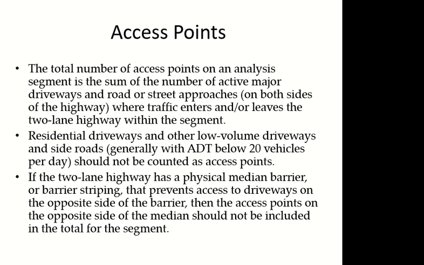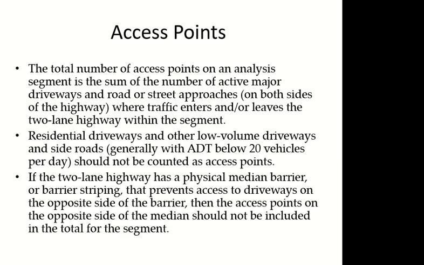If the two-lane highway has a median with a barrier, that means a driver from one side cannot go to the other side. So it is strictly prohibited. Otherwise, without a median, there's a chance a driver may enter and still cross. We will count it as an access point, because it has no signal or anything.